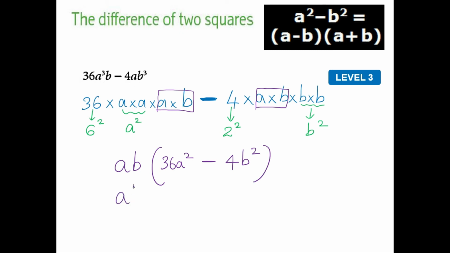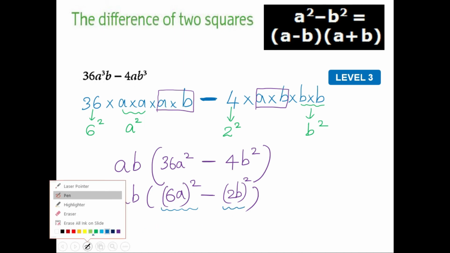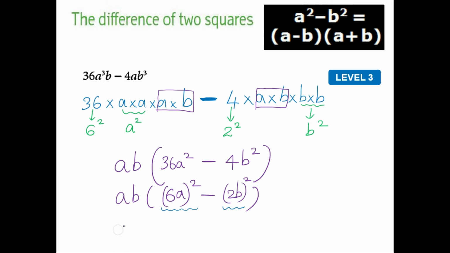So again, you can write the next step as this is 6a the whole squared minus 2b the whole squared. Now these terms inside the bracket, it's an a square minus b square. So you keep the ab term outside. And what comes inside is 6a plus 2b, and you have 6a minus 2b.